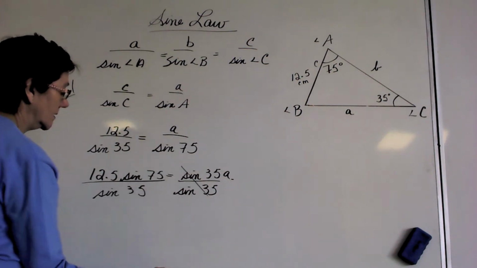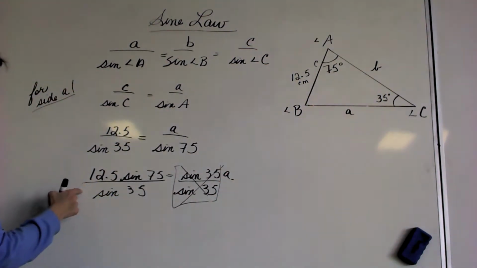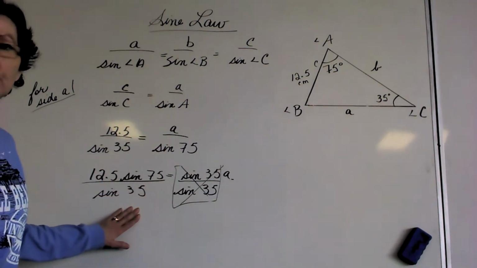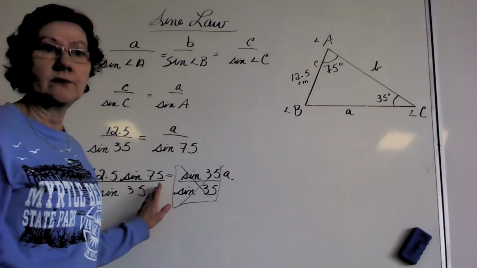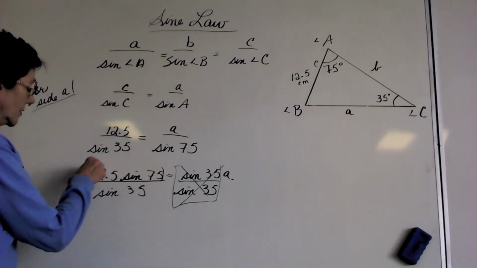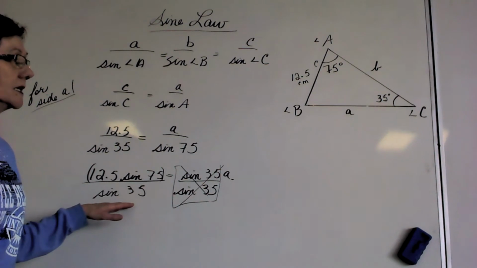We now have side A equals 12.5 sine 75 divided by sine 35. We need to remember when entering this into our TI-83 calculator that because we have 2 items in our numerator, we have to bracket our numerator and divide by the denominator.